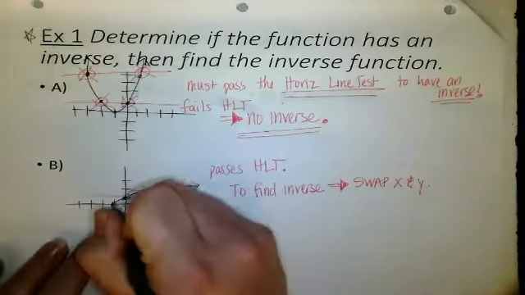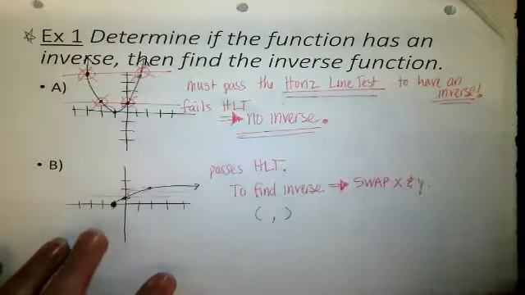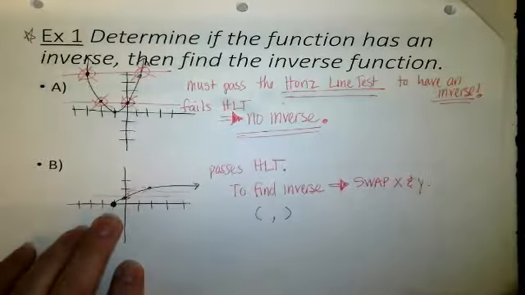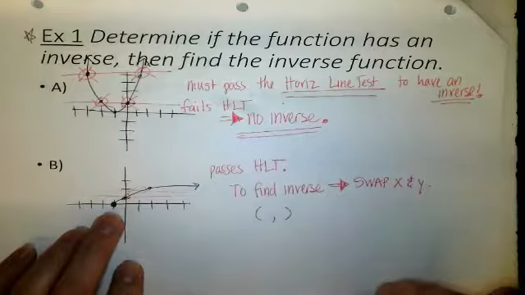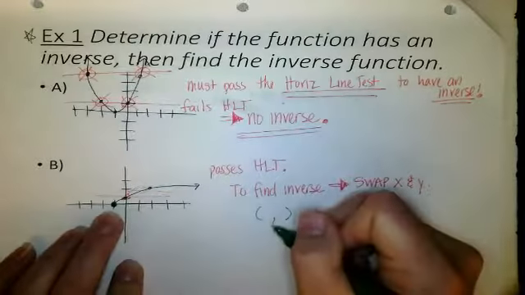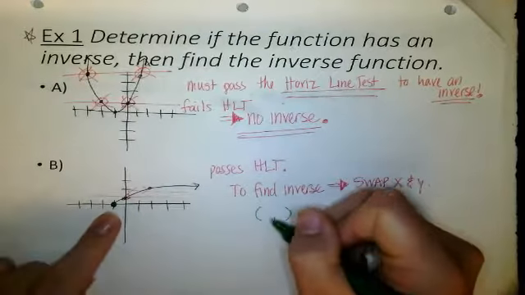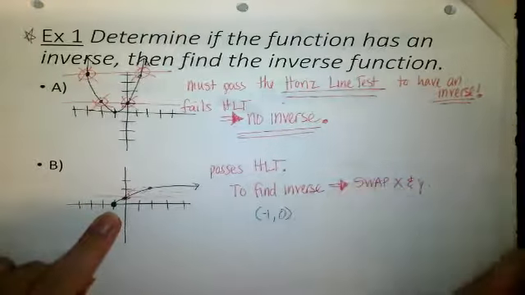Well, we're going to start here with this point. And I want to know, what is that ordered pair? What is that ordered pair right there? Almost. -1, 0. Very good.